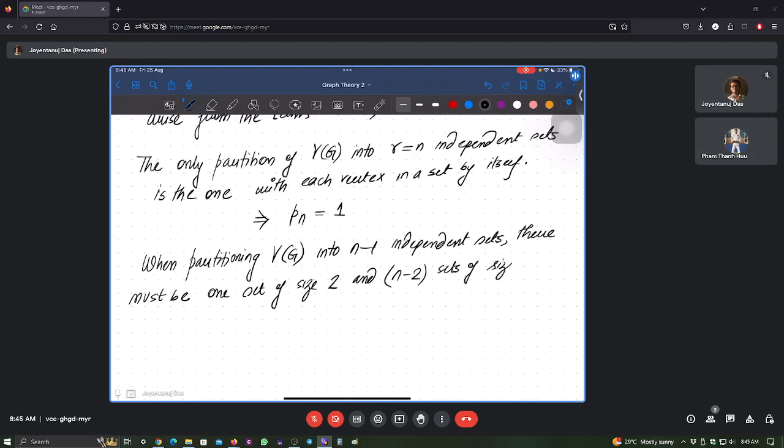This is the only way to partition. If there are n minus 1 non-empty independent sets, all the sets should have one element and only one set has two elements, right?